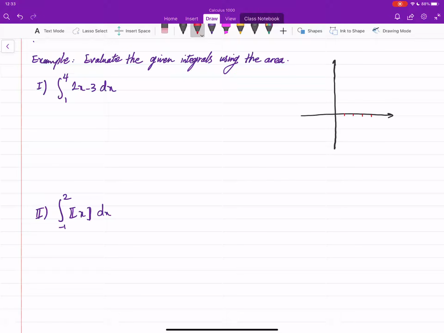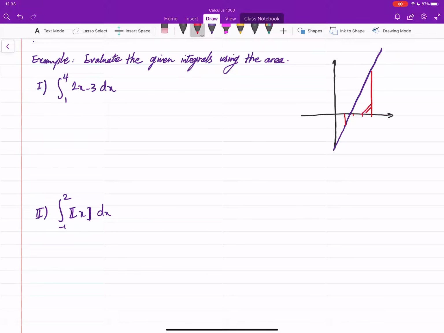At 1 over 1.5, this is 0, and at 1 it is negative 1, and this will go up, and at 4 it is somewhere up there, 5, let's say. So it is a straight line like that, and we are going to find the integral of this from 1 to 4.